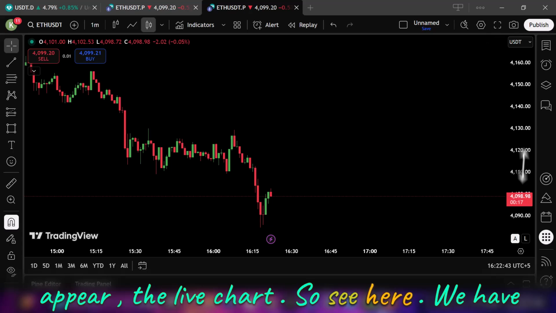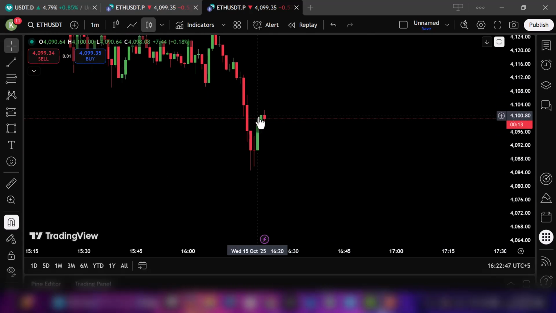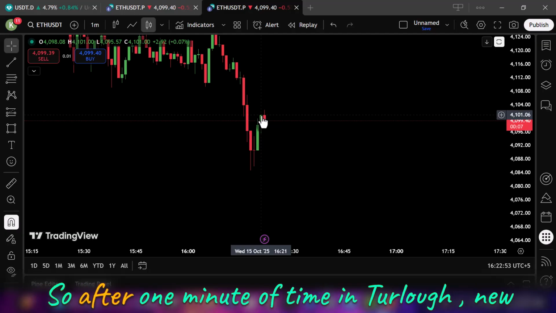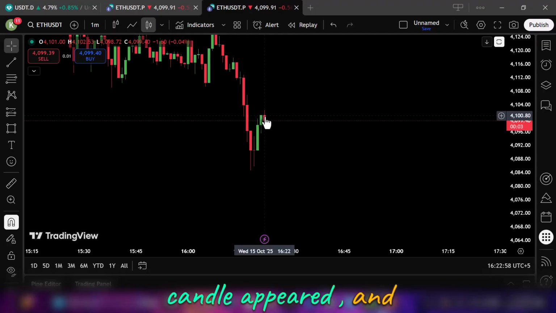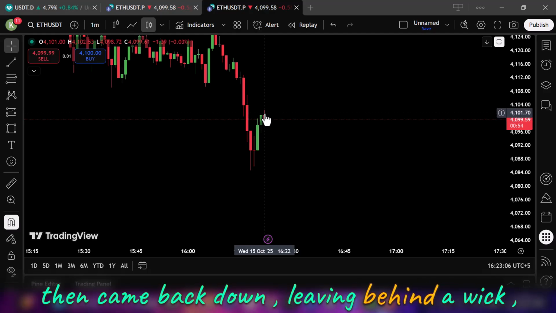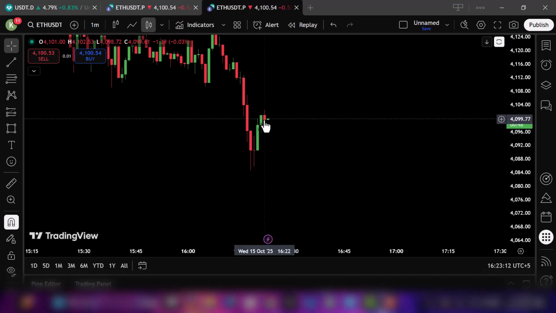So see here, at the green candle, this was its closing price. After a 1 minute time interval, a new candle appeared and its opening price was this one, right? It went up, then came back down, leaving behind a wick, and it came all the way down to here, then went up and closed.